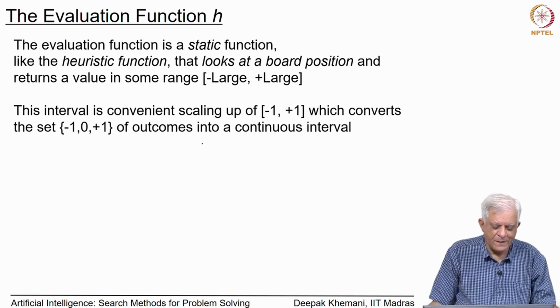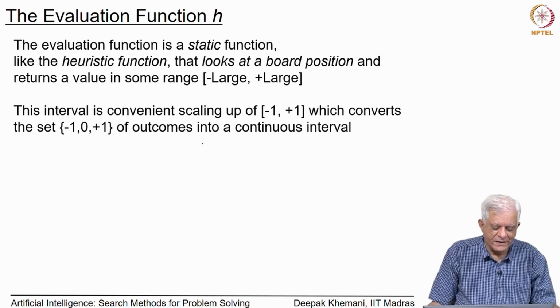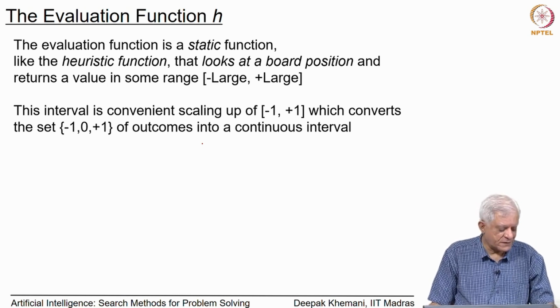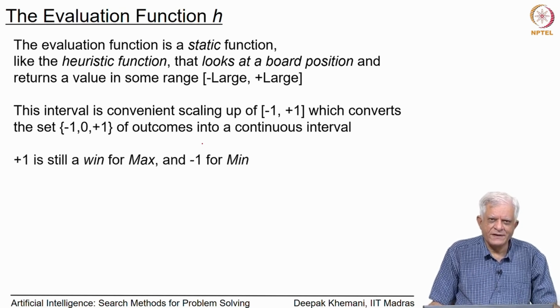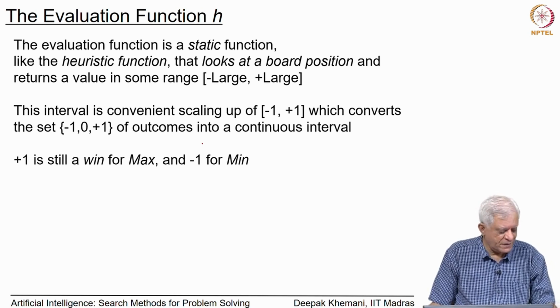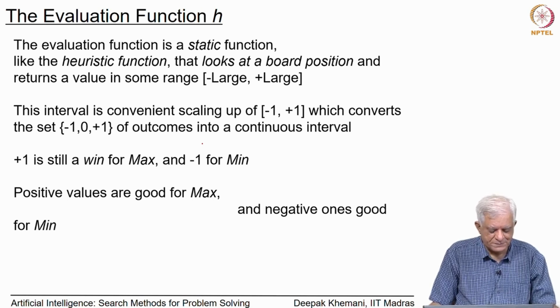Remember, minus 1 is a loss for max, 0 is a draw for both players, and plus 1 is a win for max. So, these are the 3 possible outcomes, but now we are having our evaluation function return a value in the range minus 1 to plus 1. Plus 1 is still a win for max and minus 1 for min as before. These are the extremes of our interval, but in between, positive values are good for max and negative values are good for min.